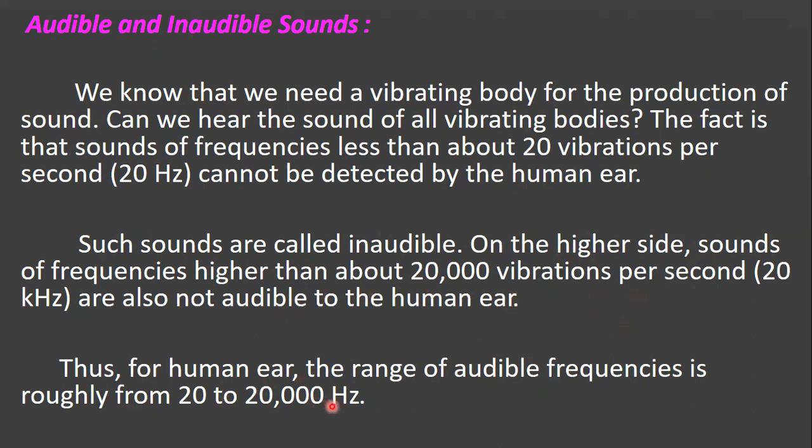Thus, for the human ear, the range of audible frequencies is roughly from 20 to 20,000 hertz. See, children, sounds of frequencies higher than about 20,000 vibrations per second are also not audible to the human ear.